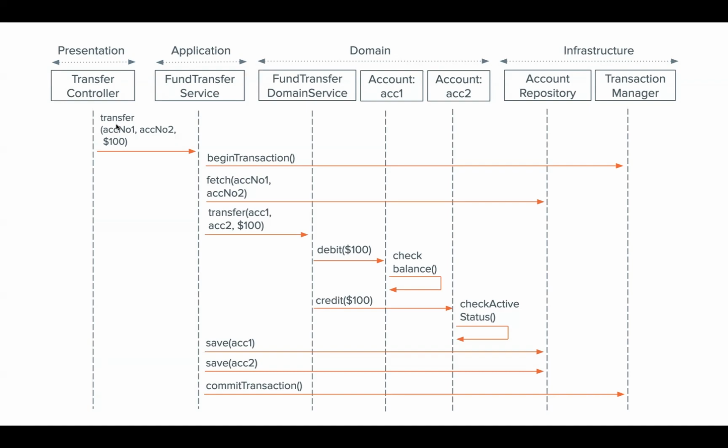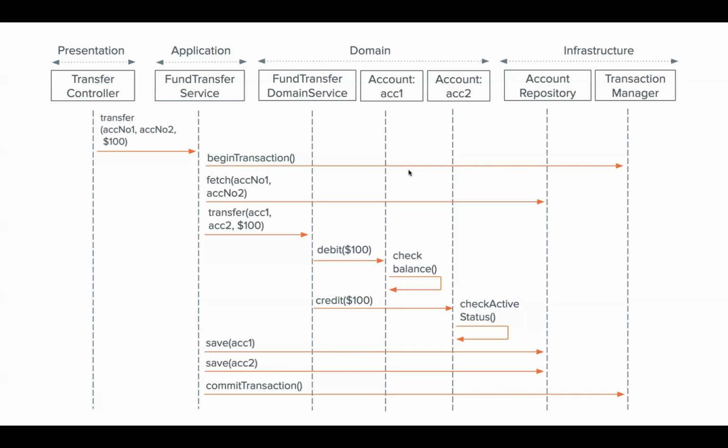Now, when a fund transfer request is received by the controller with the given account numbers, it transfers that request to the fund transfer service class. Now, as we are dealing with 2 accounts where the debit and credit needs to happen, which could potentially be 2 separate database operations, which need to be atomic in the sense that either the debit and credit should succeed together or fail together. We would need a transaction to handle this. So the fund transfer service will use transaction manager class to begin a transaction.